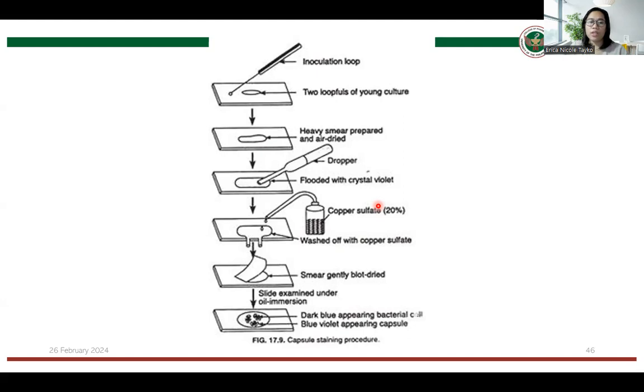It reacts with water. So since your capsular component is hydrophilic as well, it will be able to attract your copper sulfate. Since copper sulfate is blue in color, you would now expect na yung capsule, when it gets stained with copper sulfate, it will now appear bluish under the microscope. Okay.